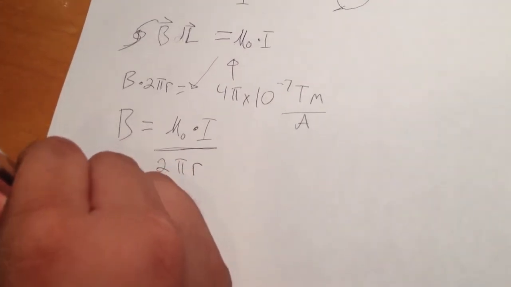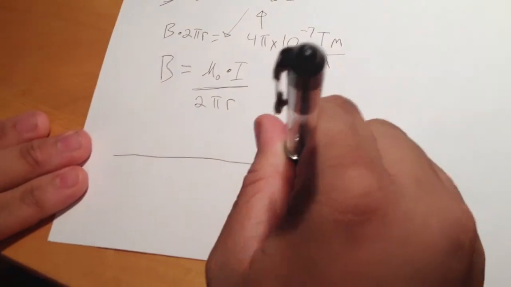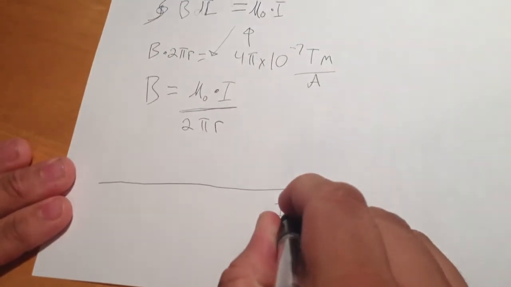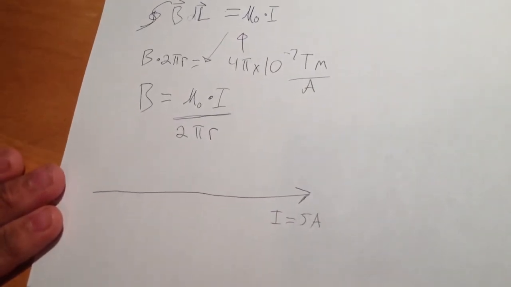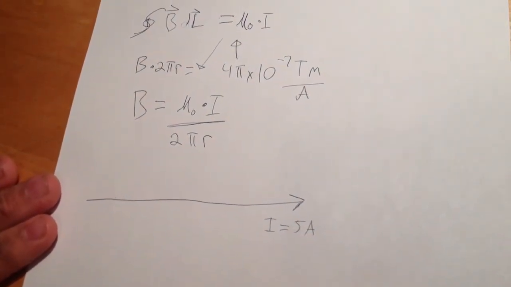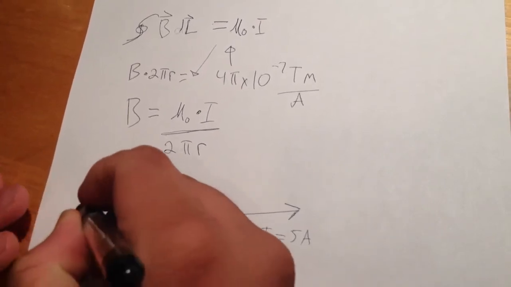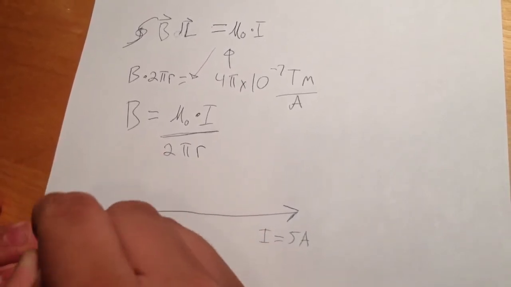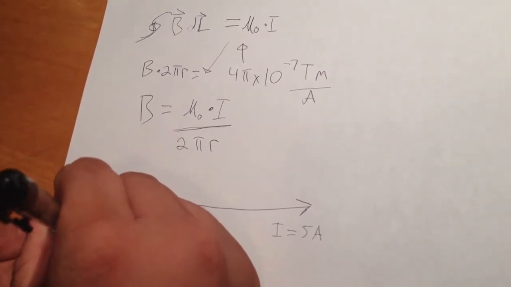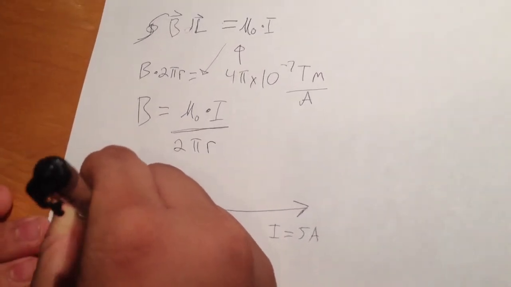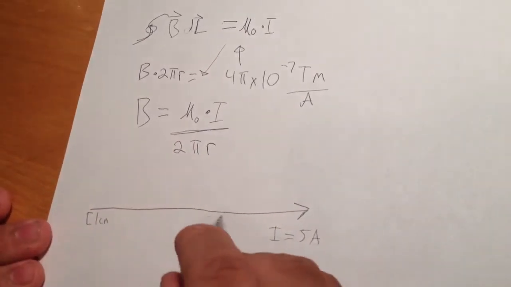Let's say we have a wire, okay, and the current will be equal to 5 amps. Alright? And we'll say that we want to find the strength of the magnetic field 1 centimeter away from the wire.